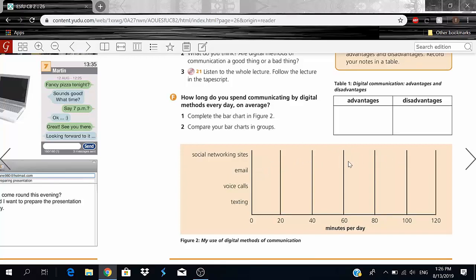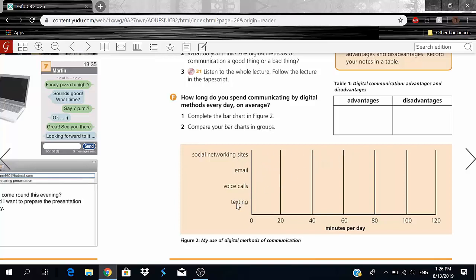Voice calls: I don't voice call every single day, but when I do, I stay for around 20 minutes. So 20 minutes for voice calls, email 10 minutes, and social media around an hour.